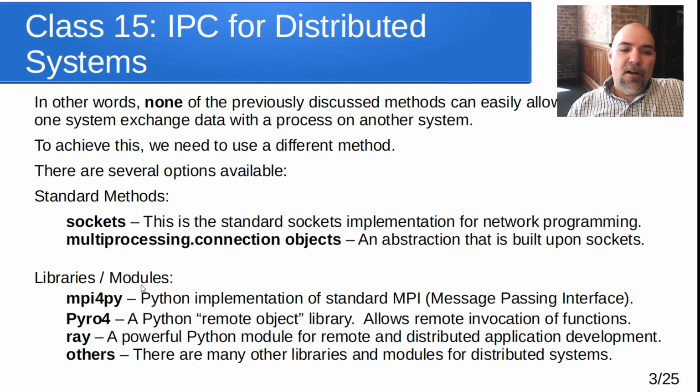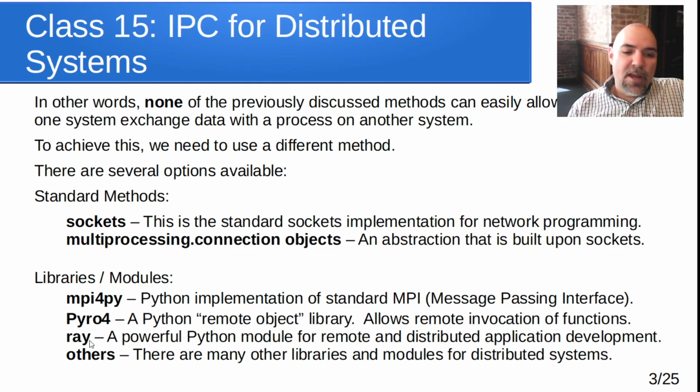All right. There are also some libraries that I would encourage you to take a look at if you're doing a large project. There's MPI, which is a standard for the message passing interface library. It's been around a long time. It's a standard interface to have a process on one machine communicate with another one for distributed systems. There are some other ones as well that I'm going to mention here. There's Pyro4, which is a Python remote object library that allows remote invocation of object methods, or you could think of them as functions.